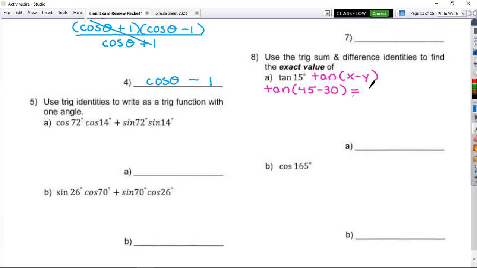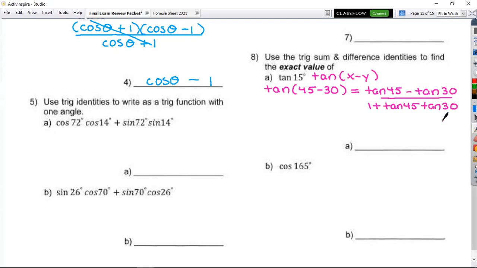So I have the tan of 45 first. And then next it's going to say minus the tan of y. So that's minus the tan of 30 divided by 1 plus the tangent of 45 times the tangent of 30.